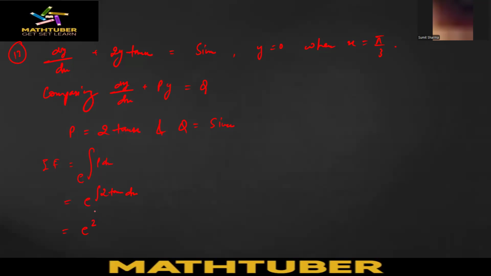The integration of tan x is log of sec x, right? So if we take this 2 to the power, you'll get sec square x, and e raised to the power log is 1, we know that. So the integrating factor comes out to be sec square x.